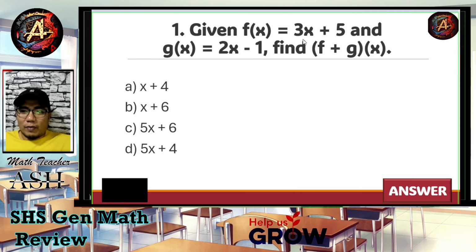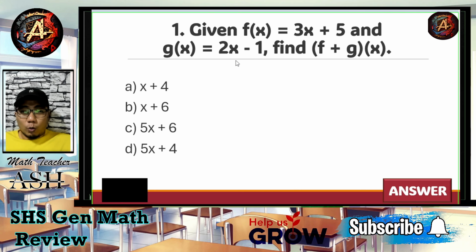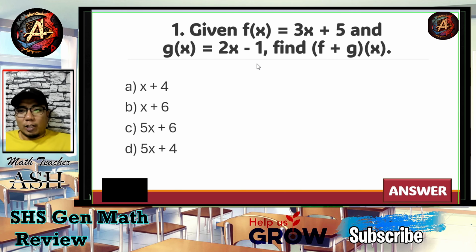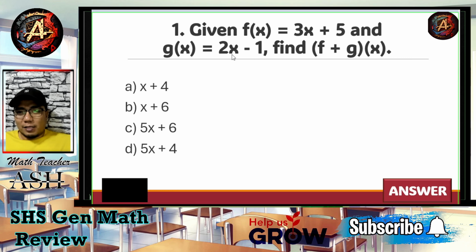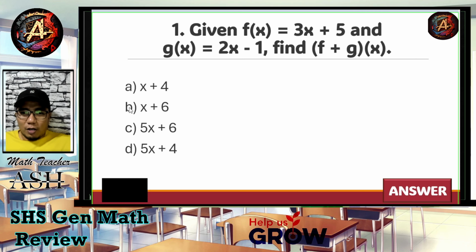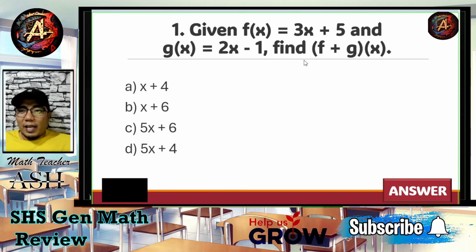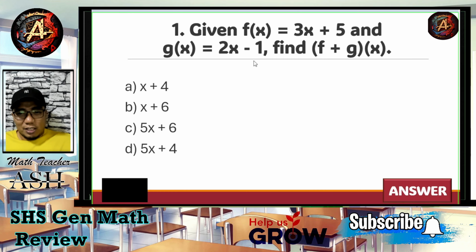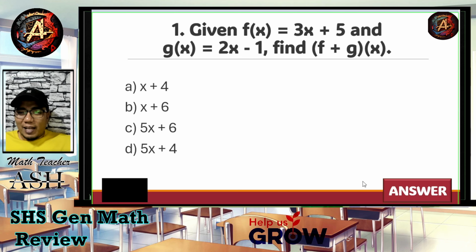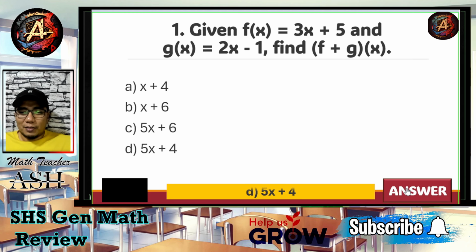We have f of x, 3x plus 5, and 2x minus 1 for the g of x. In adding them, you just combine like terms. 3x plus 2x is 5x, so A and B are already wrong. Then positive 5 plus negative 1 is positive 4. Therefore, the correct answer for this question is letter D. Let's check whether we are correct.